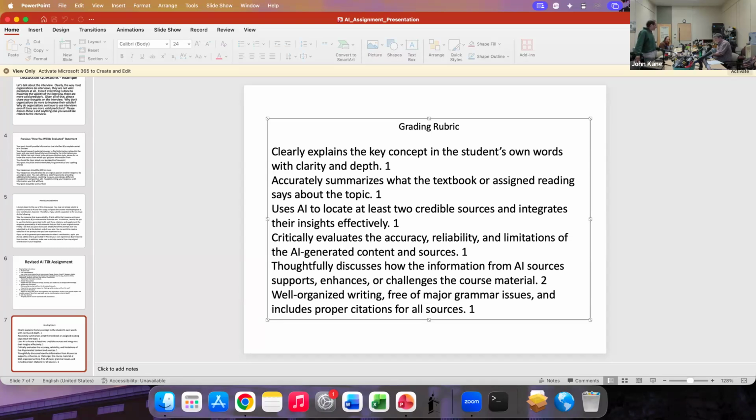But I want them to recognize what's valid about AI, what works, what doesn't work, and how they can evaluate it. I also want them to see how AI makes mistakes, why it's important to give it appropriate prompts, why it's important to critically evaluate the responses, and then follow up. So that's basically what I said.